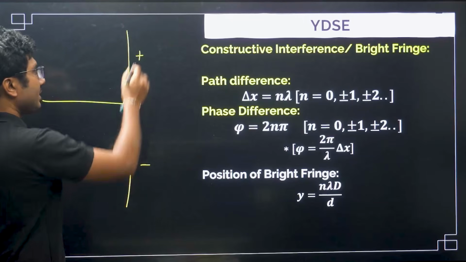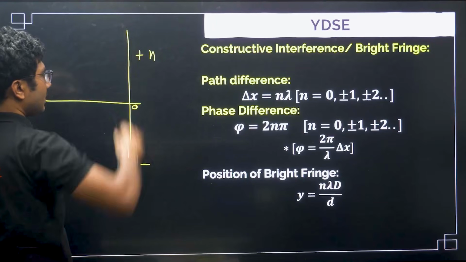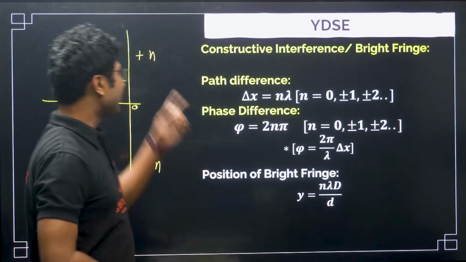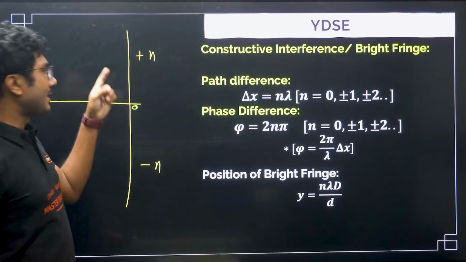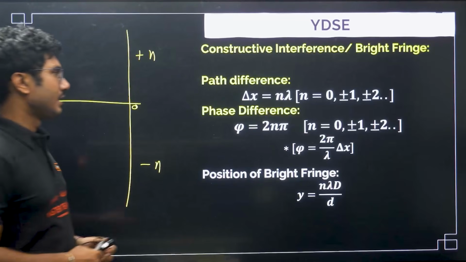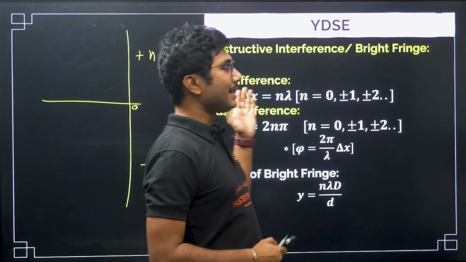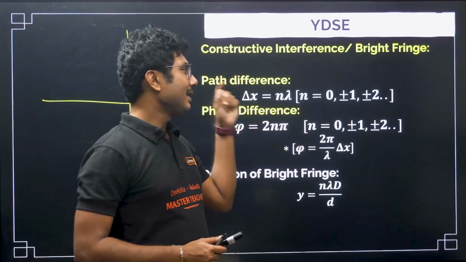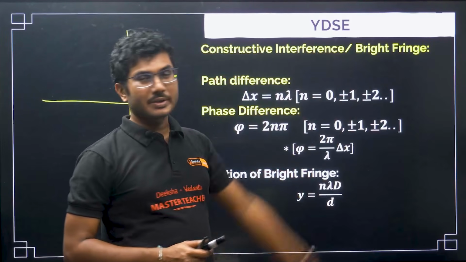So for positive n, you get all the points above, for negative n, all the points below. Plus 1 means upside, minus 1 means downside. So delta x equals n lambda, for integer n: 0, plus minus 1, plus minus 2, etc.